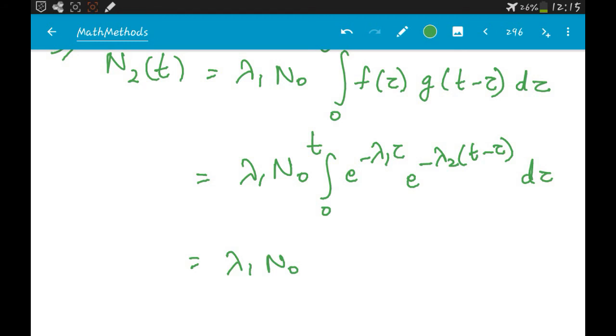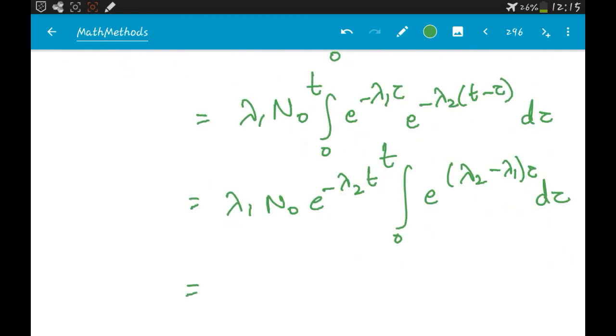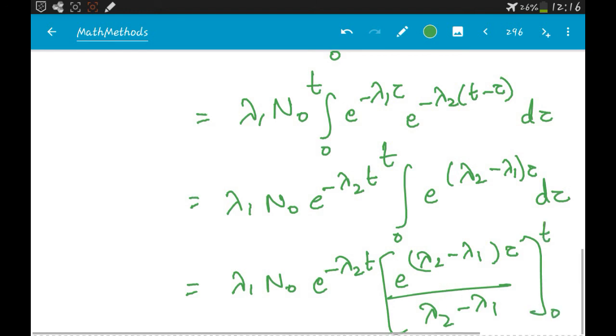So lambda 1 n naught e power minus lambda 2 t can come out, and we are left with the integral from 0 to t of e power lambda 2 minus lambda 1 times tau d tau. This is a definite integral, so we integrate from 0 to t. So this is your n2 of t.